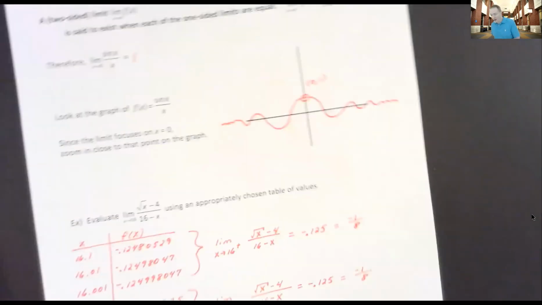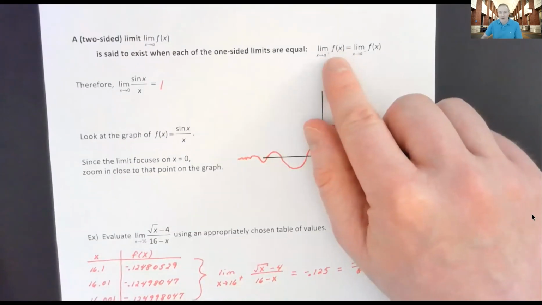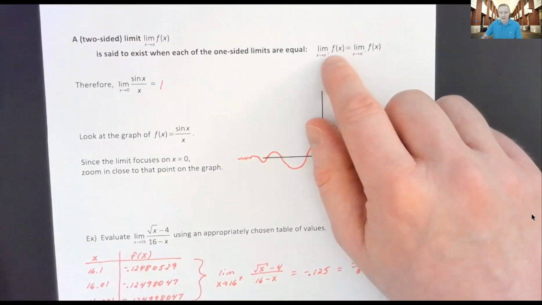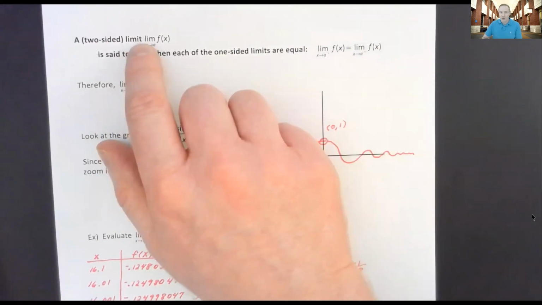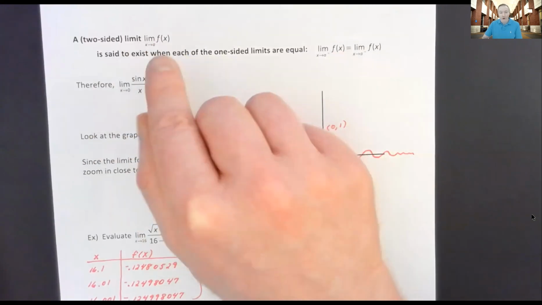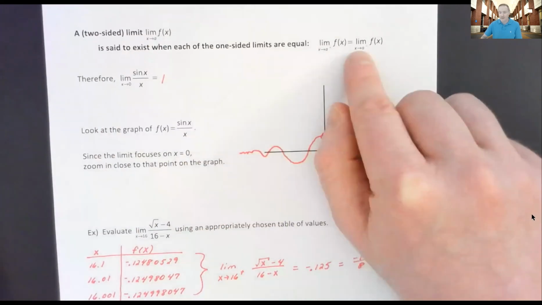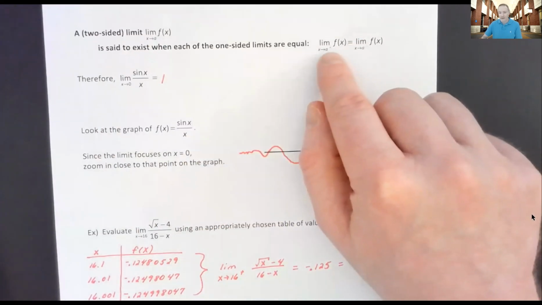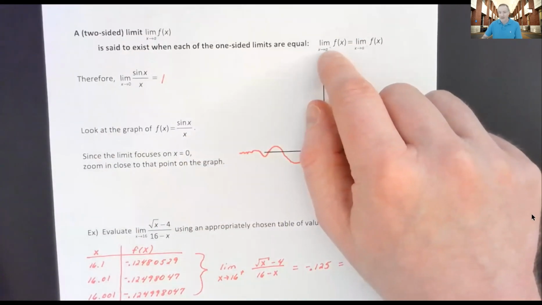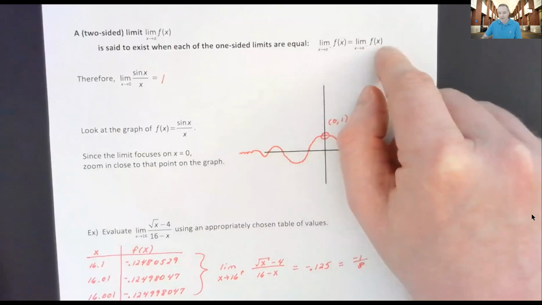What we've done here, and the type font doesn't show very well under the document camera, is we're trying to show the two-sided limit, the limit as x approaches a of f of x, exists. The overall limit only exists if the two one-sided limits are equal to one another. That means the limit as x approaches a from the right must equal the limit as x approaches a from the left.